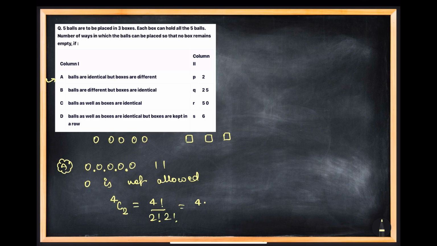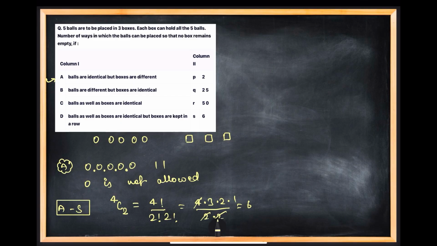So it is 4 3 2 1 over 2 and 2, so we are left with 6. So A is connected with S.